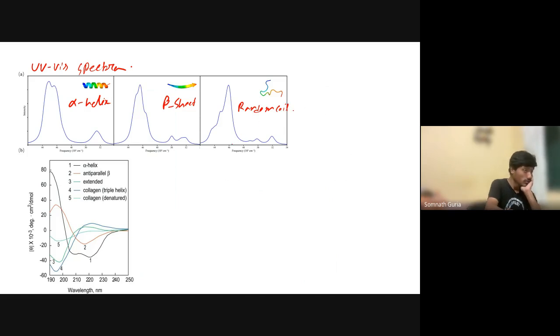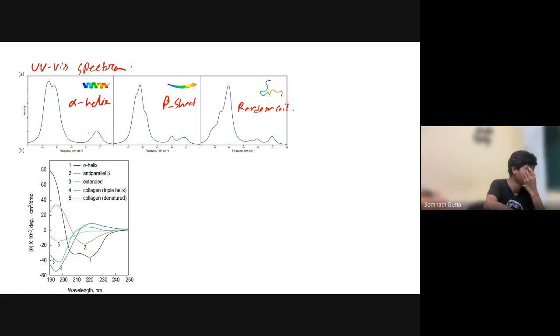Okay, so this is the frequency region we are talking about, the 10 to the power 3 centimeter inverse. If we calculate it, it seems to be similar in energy over here. This spectra is because of the lower and higher energy regions.